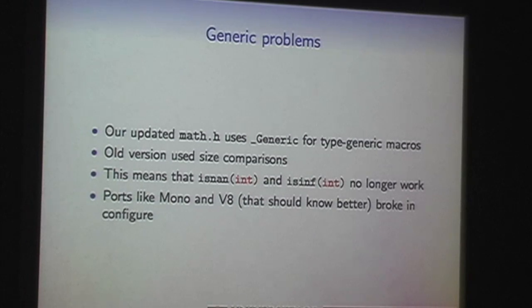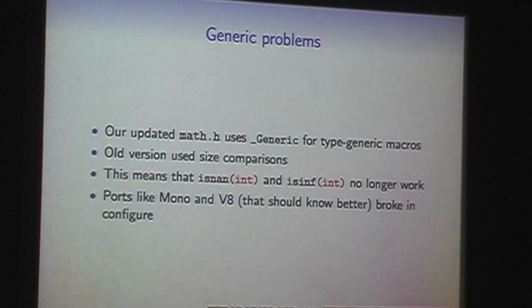So you could pass an int to isnan, and it would happily do the implicit type conversion and turn it into a double precision value, which was obviously a number because, well, integers are numbers, that's kind of the definition. And then always return true. And if you're passing an integer to a function called is it infinity, or is it not a number, you're probably doing something wrong.